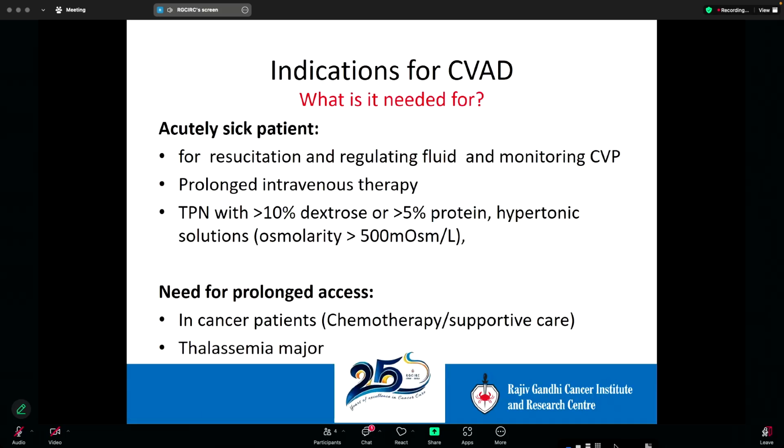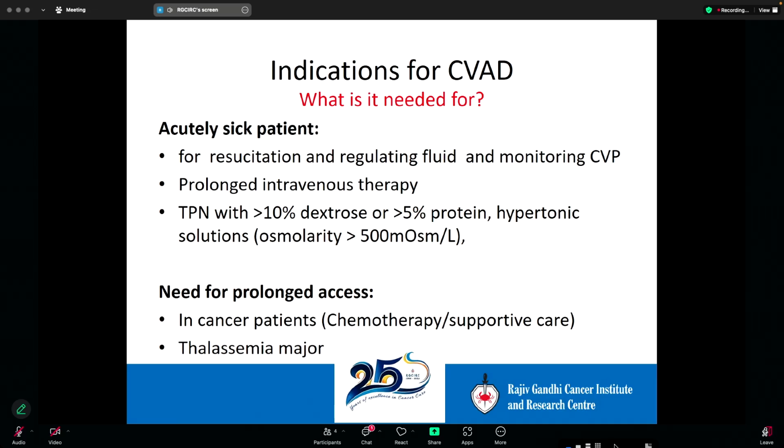So indications for CVAD, I'm sure everybody here is aware. Definitely in an acutely sick patient, there are a whole lot of indications, and for intraoperative monitoring as well. But from the oncology perspective, for giving chemotherapy and supportive care, we do use these central venous access devices because many of them lose their peripheral cannula.